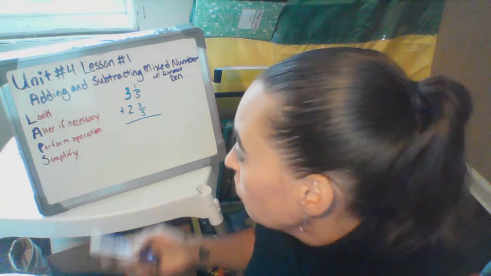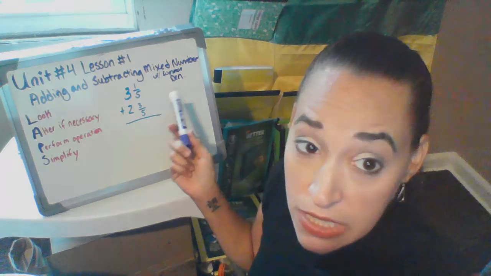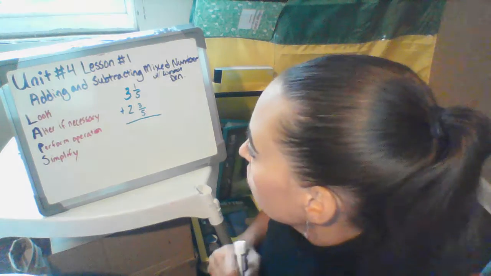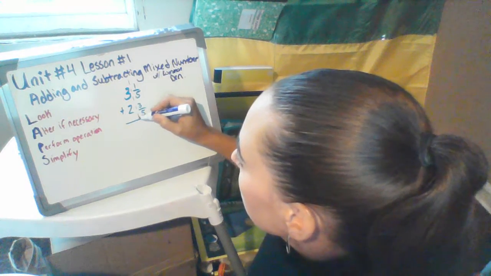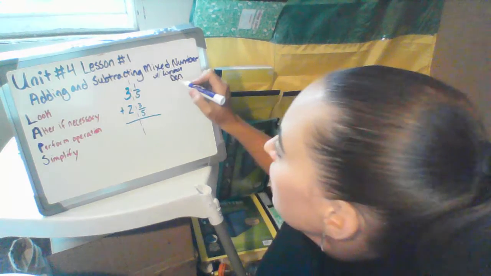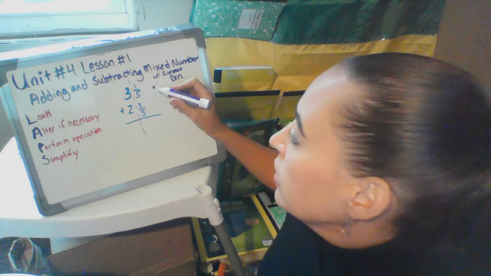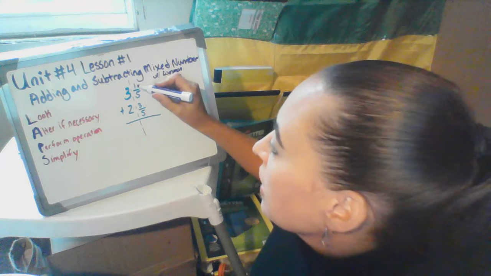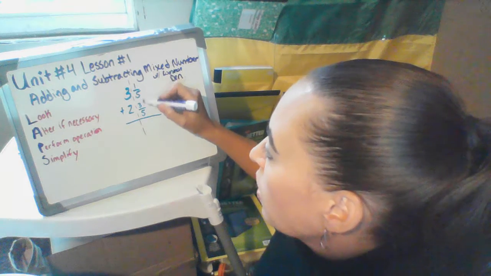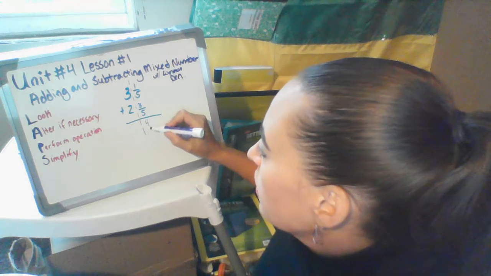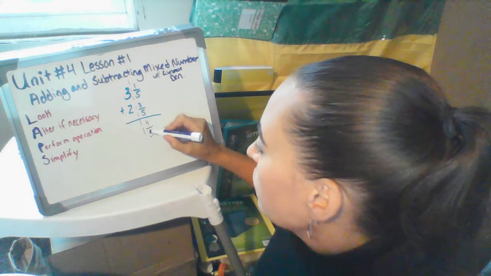When we are adding or subtracting mixed numbers, you might as well just draw a dotted line right here. If they have the common denominator, you can say these are both over 5, remember? So you're simply going to say 1 plus 3 is 4. You put it over the denominator of 5.